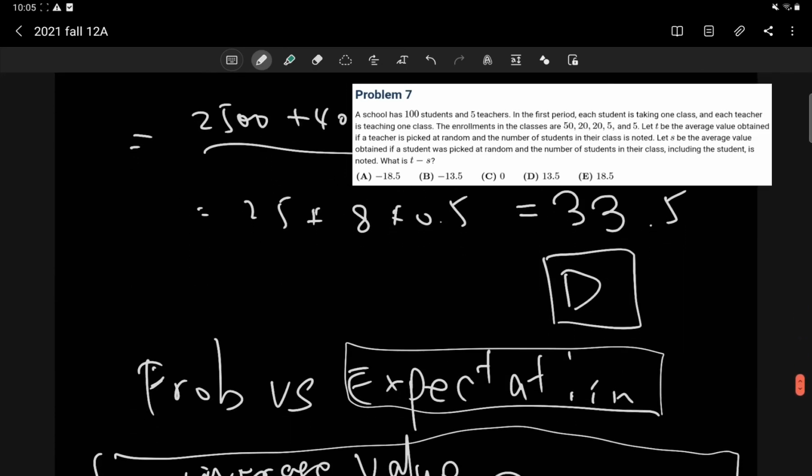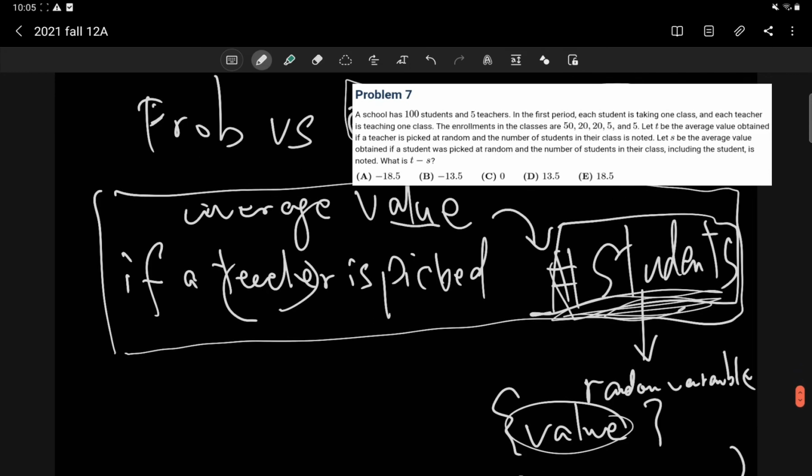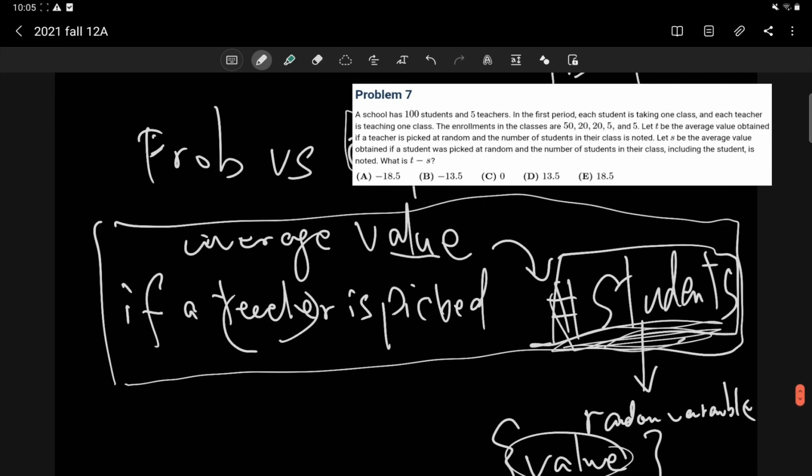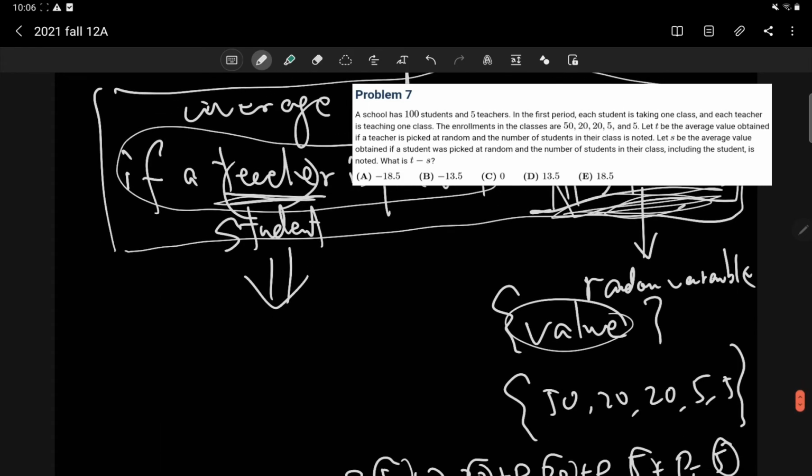So the probability according to the question actually comes from here. Whether it is a teacher picks or whether it is a student picks. So this part will help us to determine the probability. This is very, very important.